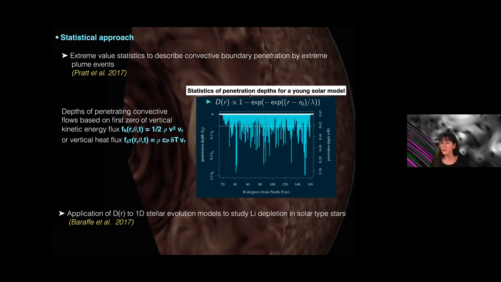From there, in the framework of a statistical theory, which is the extreme value theory, you can derive a diffusion coefficient as a function of the radius. And then you can apply that to 1D codes, as we did here, to study consistently the lithium depletion in solar-type stars.